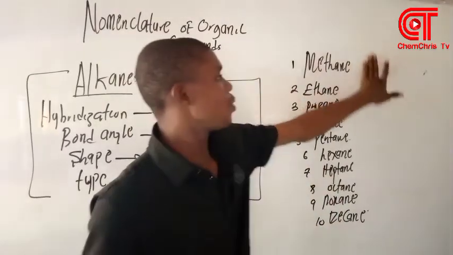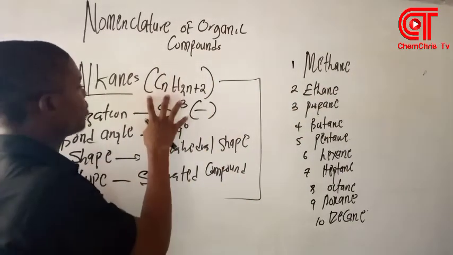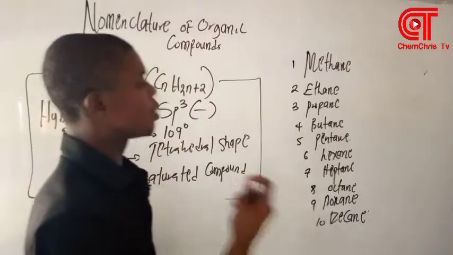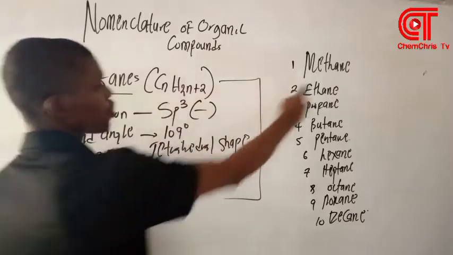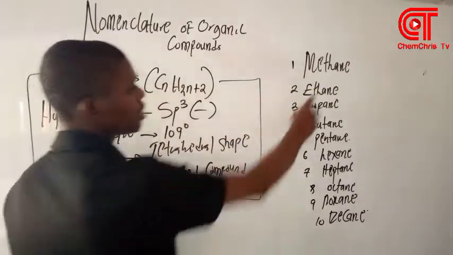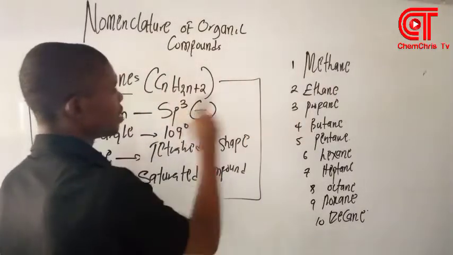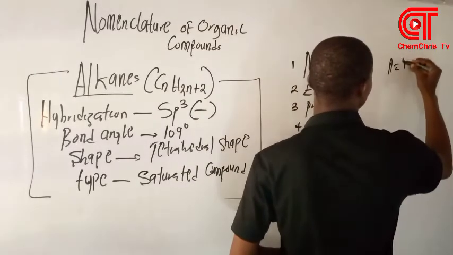So what is the molecular formula here? Remember, the general molecular formula of the alkane is CnH2n+2, where n means the number of carbon atoms, or you can also say the position. So how do you get the first one, methane? Since methane is the first member, my n is equal to 1.